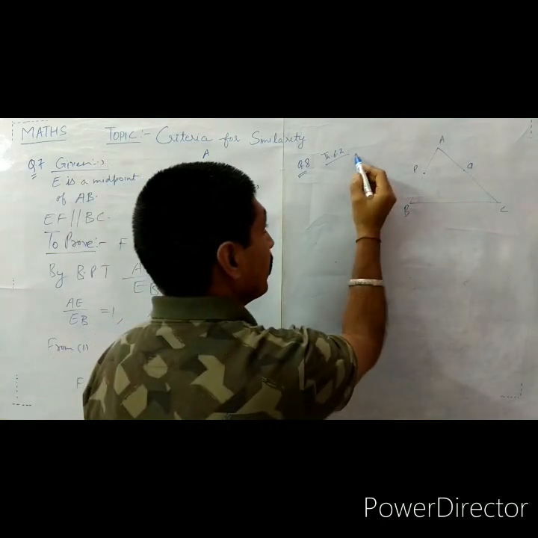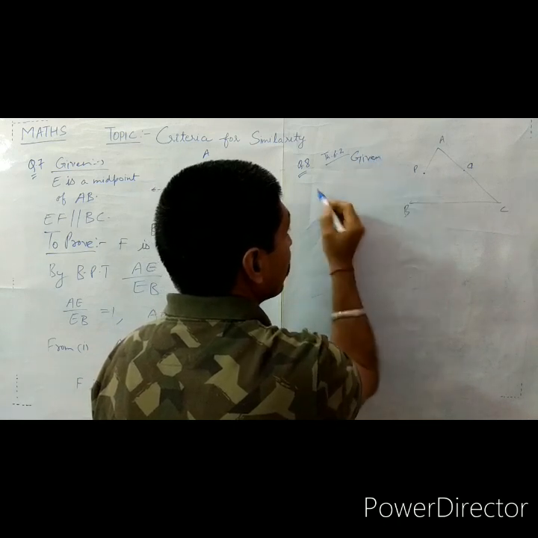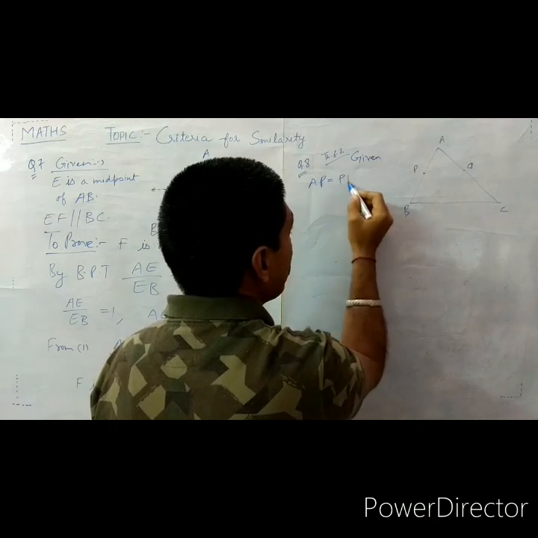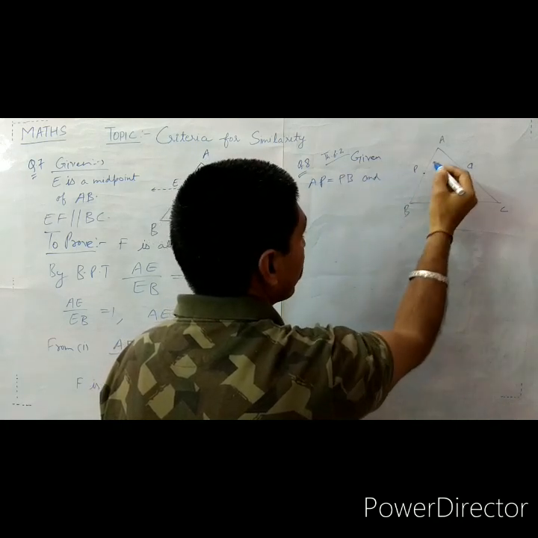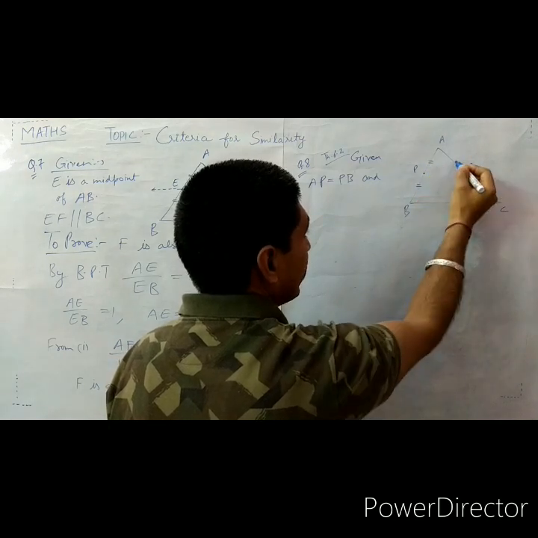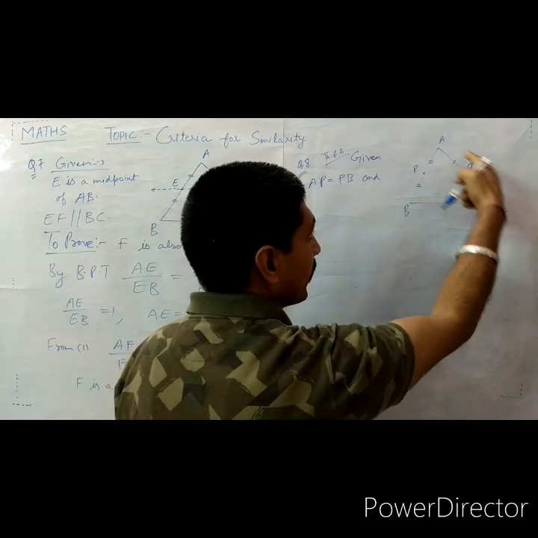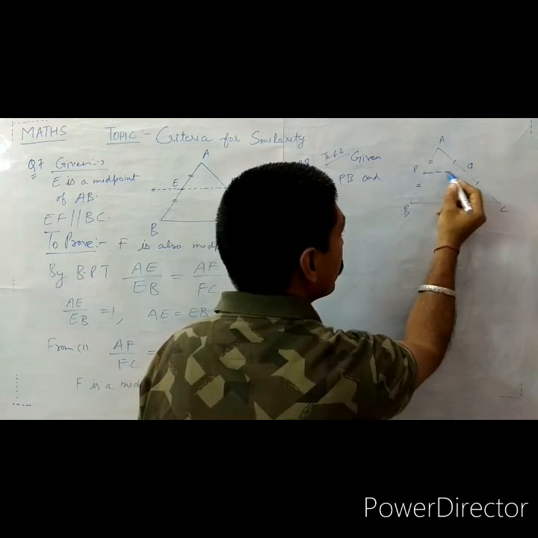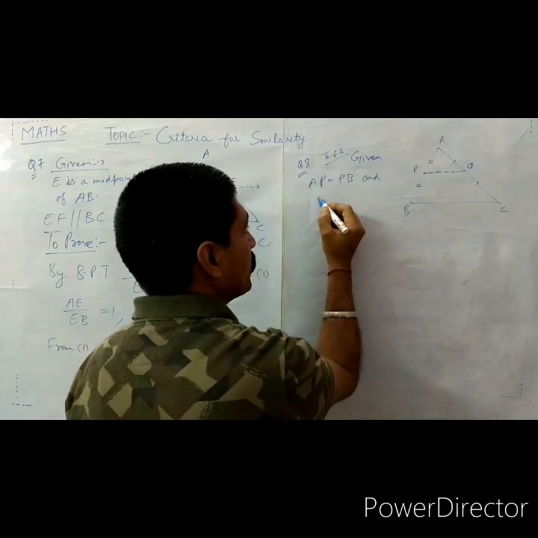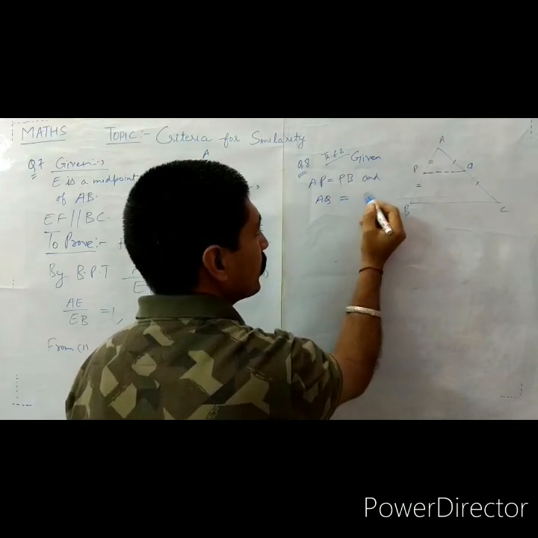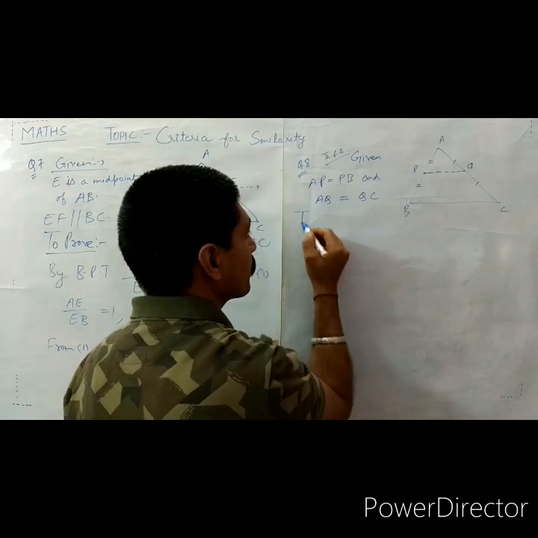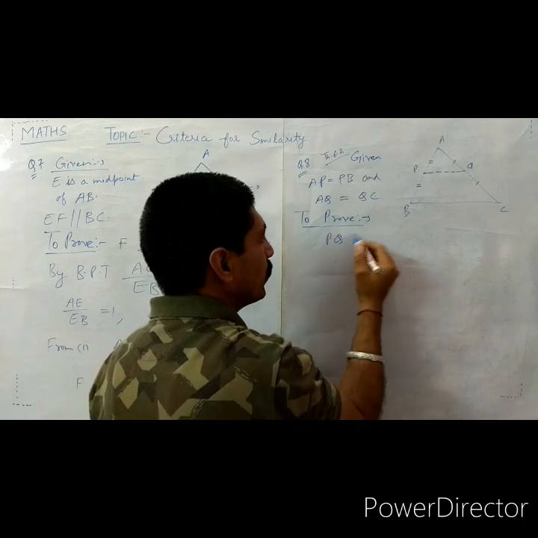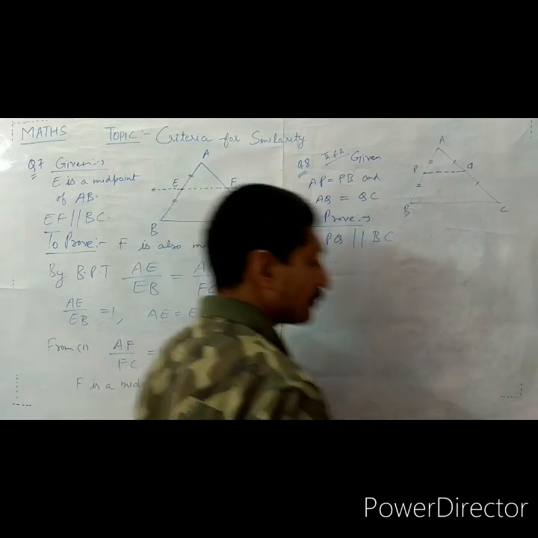So here given that P is the midpoint, AP is equal to PB, and AQ is equal to QC. Join P with Q. Q is the midpoint, AQ is equal to QC. What we want to prove here is that PQ is parallel to BC.